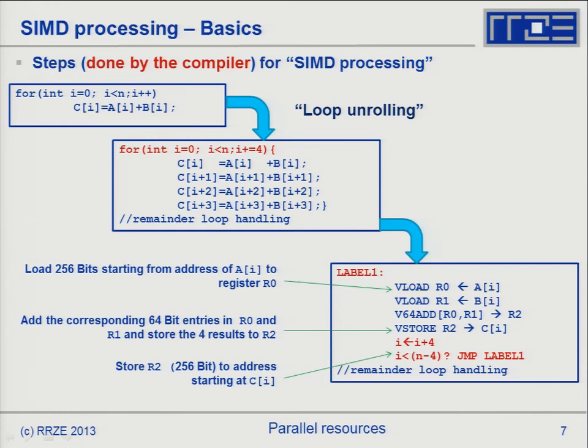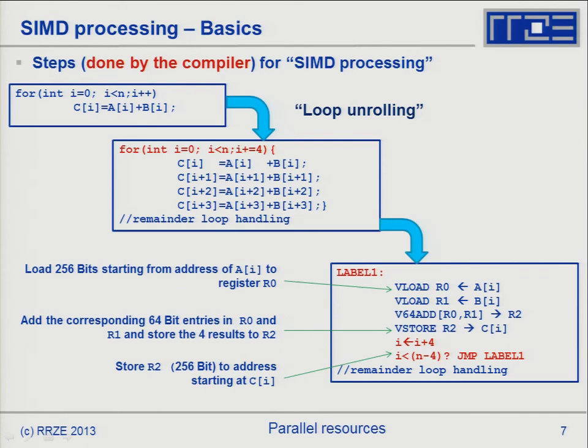A of I goes to R0. In this case, it's a vectorized load. So we mean the three elements that come after A of I plus A of I itself. The same is done for B of I. And then we can do the add. V64 add is just a mnemonic symbol for doing a 64-bit vectorized add. And we store the result in R2.